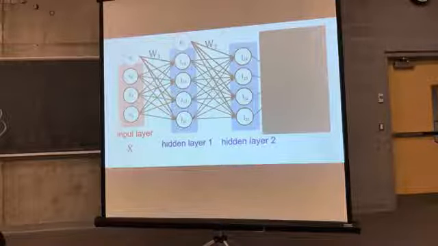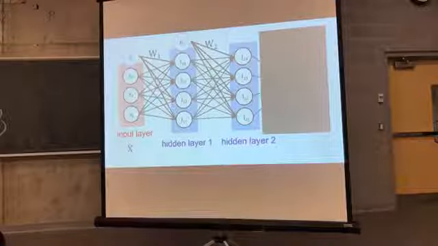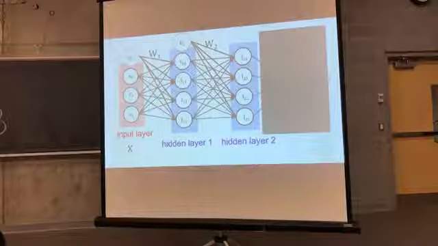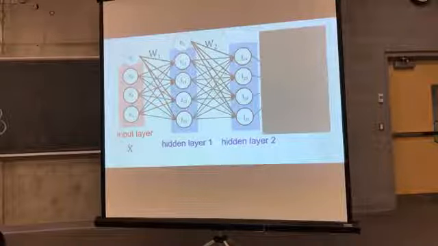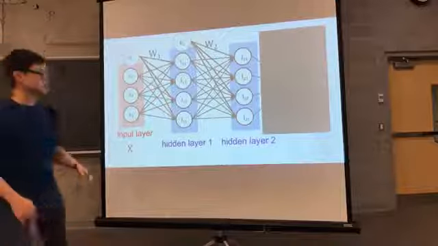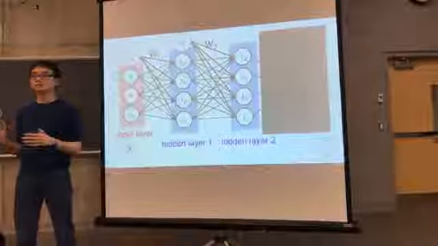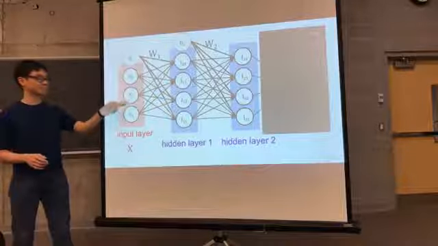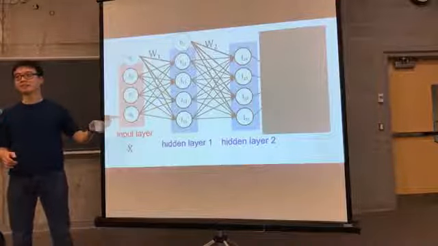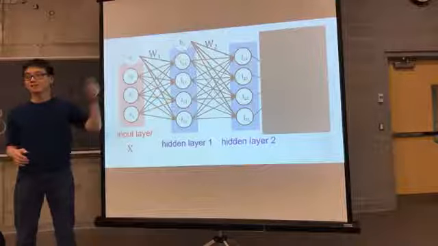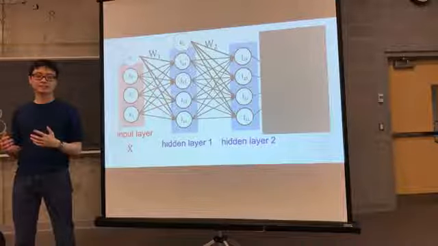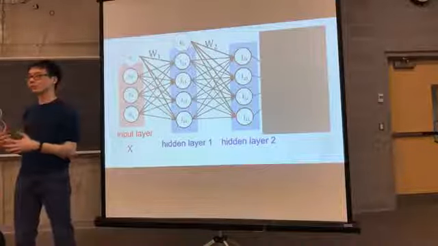Yes, yes. That's a good question. Actually, most of the time it goes from x1, x2, x3, and then a bias term at the very top. But in this case, I just decided to flip it.